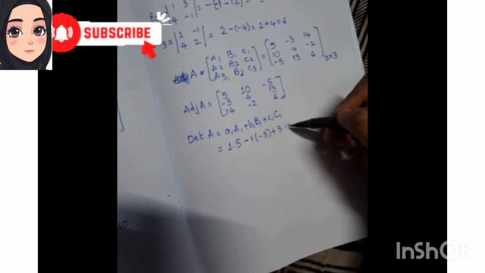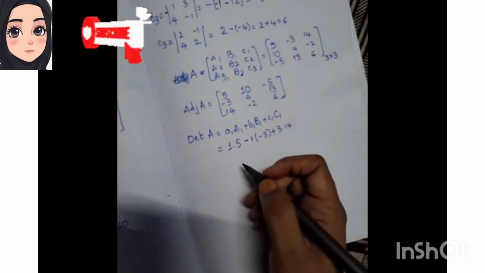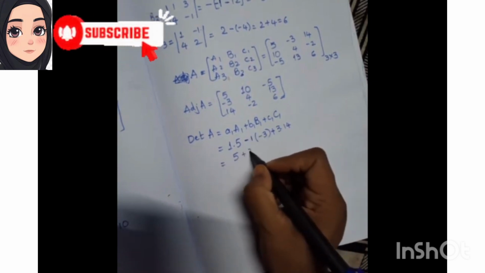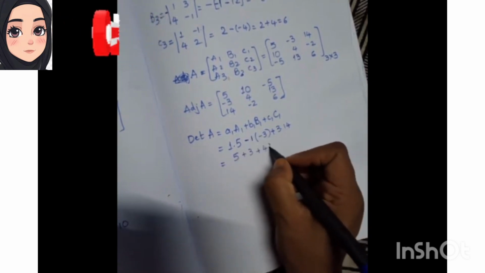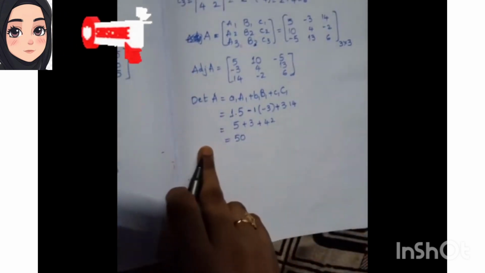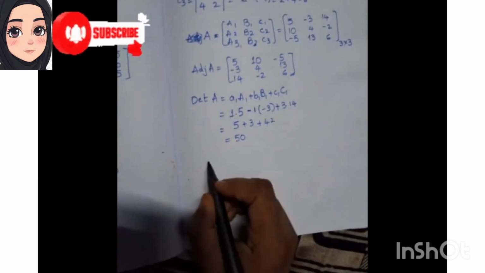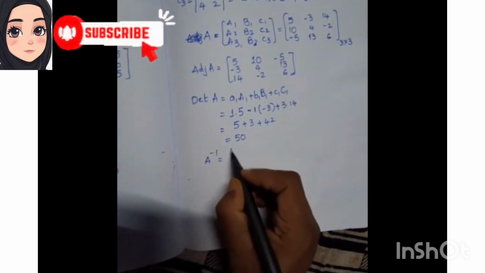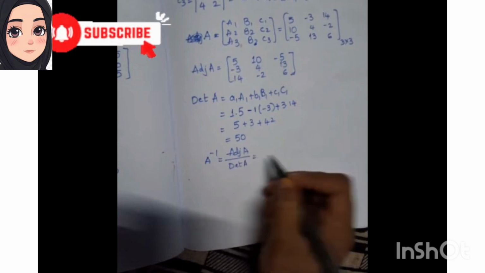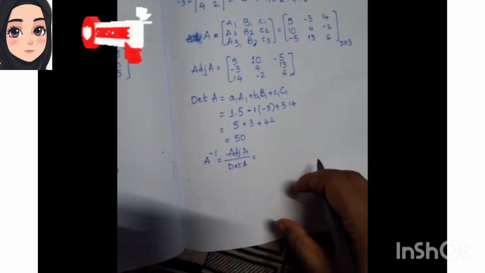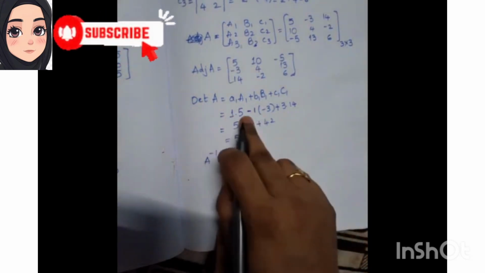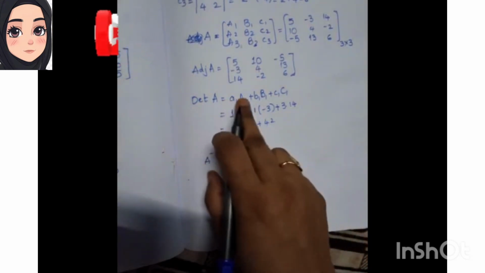Now we have to find A inverse, adjoint of A by determinant of A. Adjoint of A means: first row from the adjoint of A matrix, that is 5, minus 3, 14, and small elements are from the given matrix: 1, minus 1, 3.